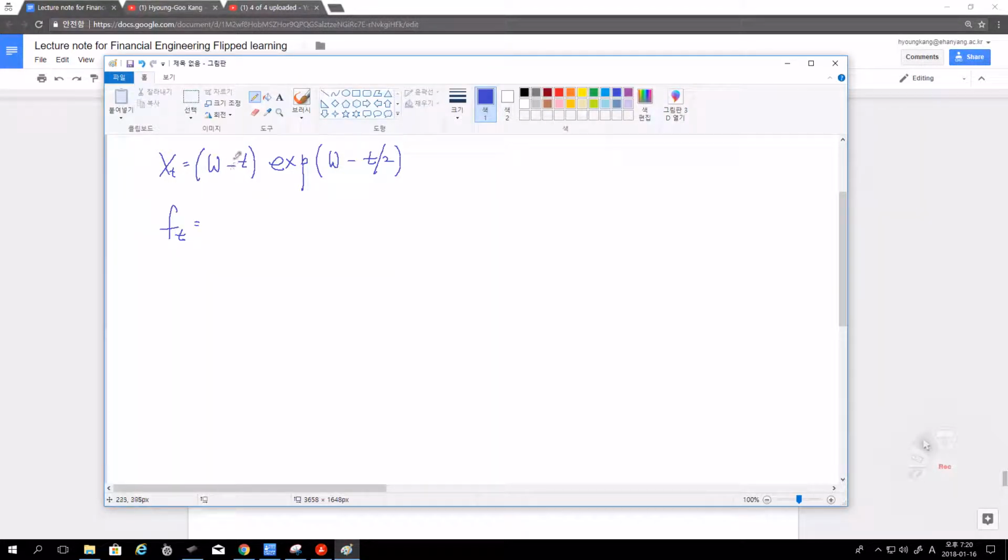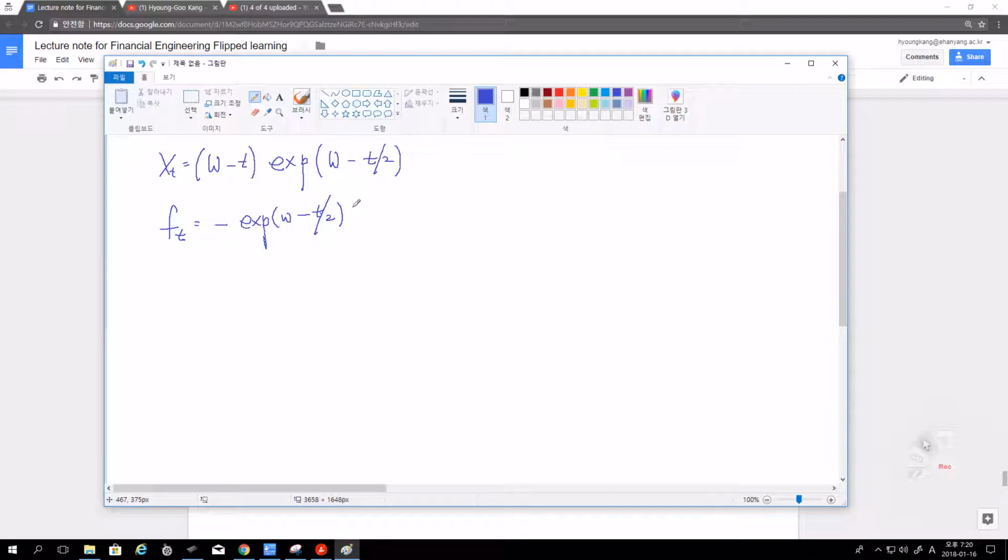First we take the derivative of the term with t, then we have a minus 1, and we leave the other term as it is, right?